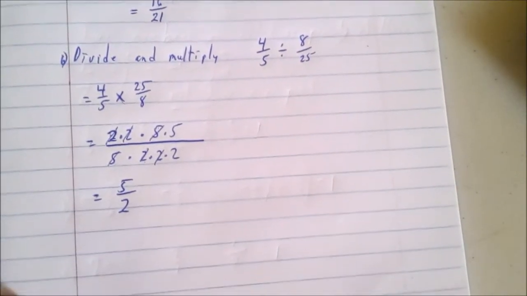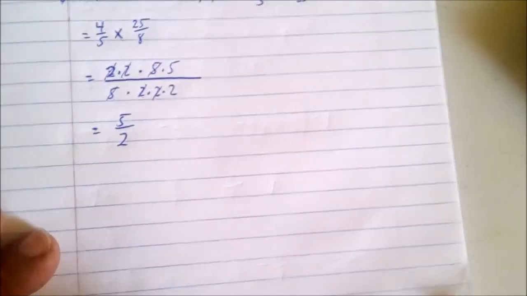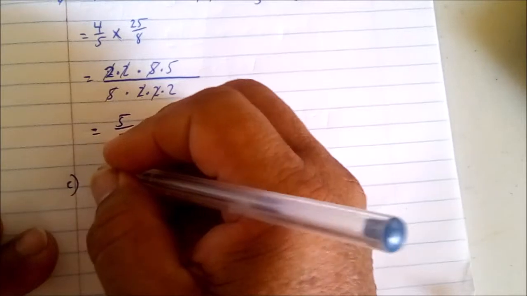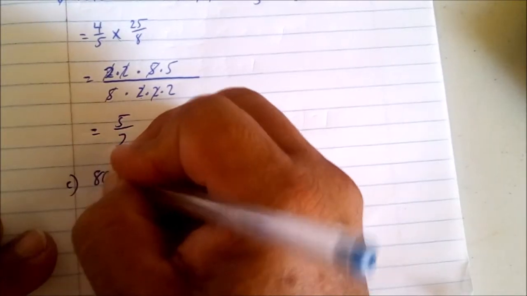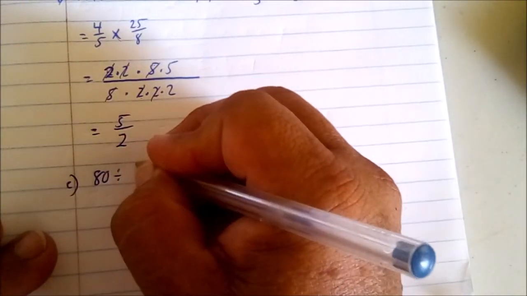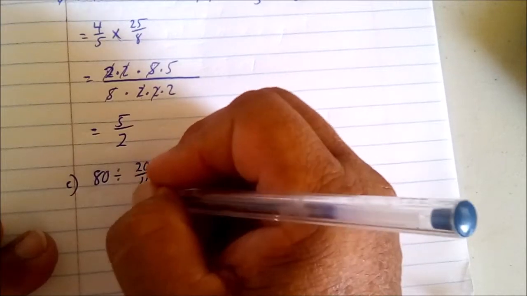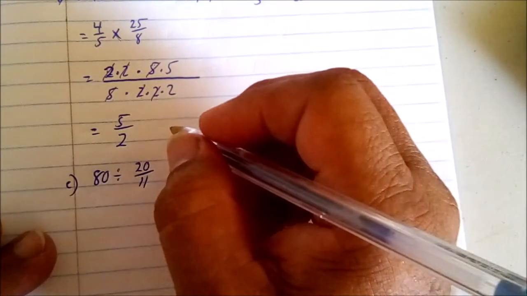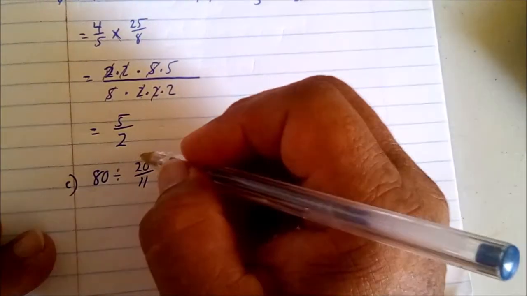Now another example is as follows. Consider the other example now. We have a whole number divided by a fraction. Strategy: we will need to write the first number as a fraction.